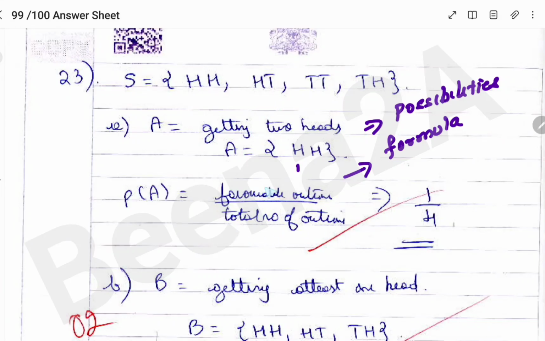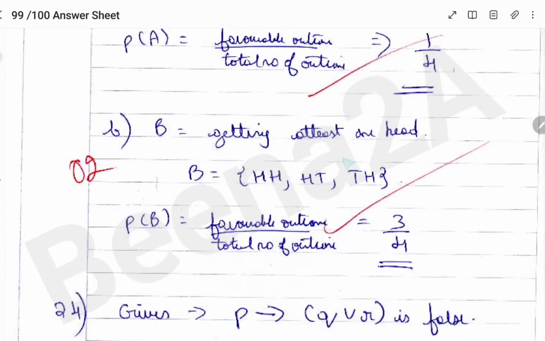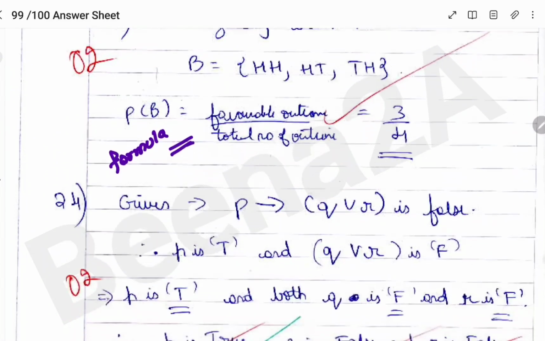Then write the total number of outcomes, right? The sample space, basically 4 outcomes are there, so 1 by 4. Getting at least one head, write all the possibilities. Then put the probability formula. Don't forget to write the formula, put the formula and substitute it.